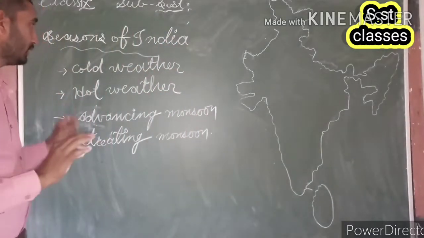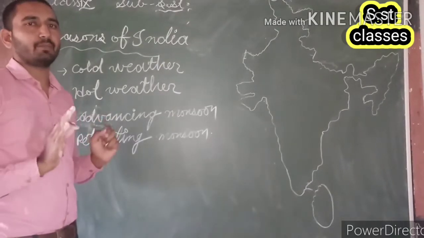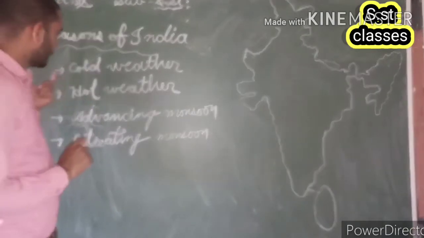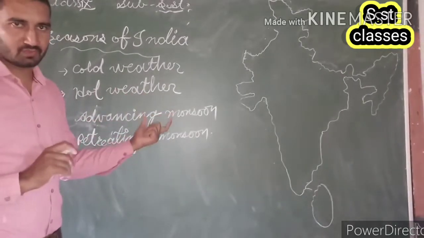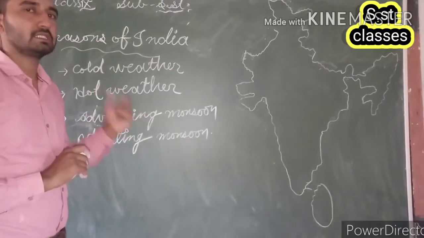Is that clear, guys? So generally in India, we have four types of seasons: the cold weather season, hot weather season, advancing monsoon season, and retreating monsoon season.